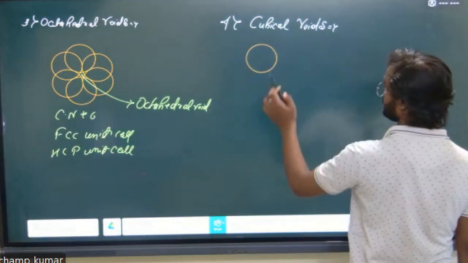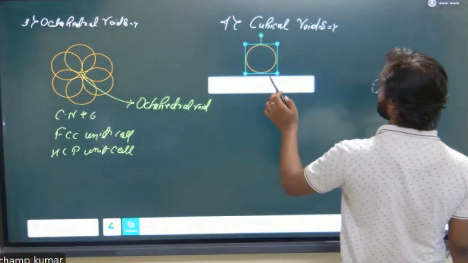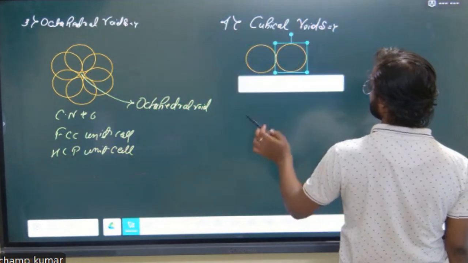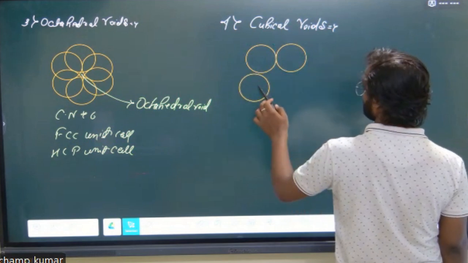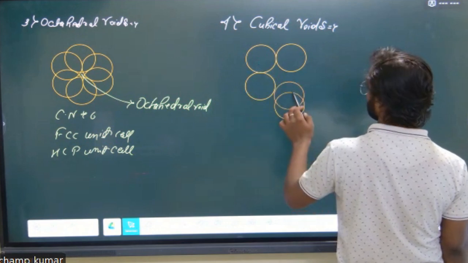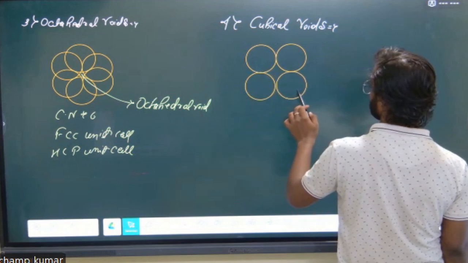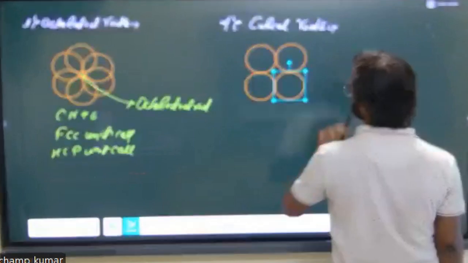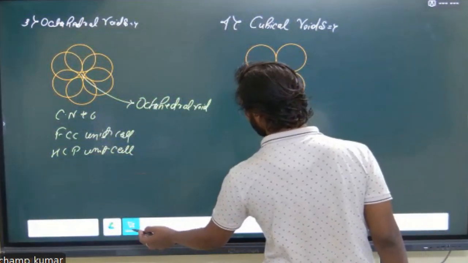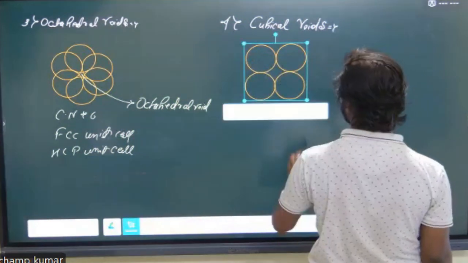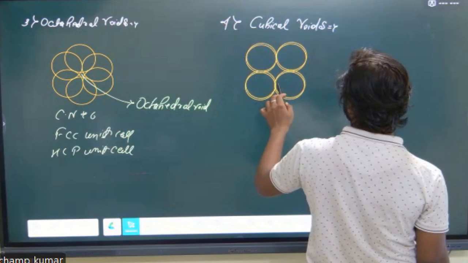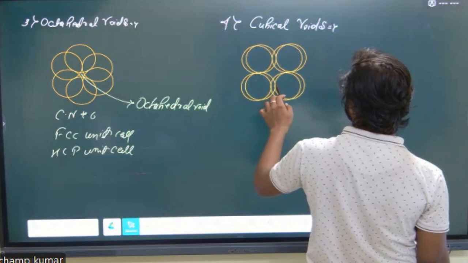Suppose this is one atom, this is another atom, this is another atom, and we have another one. So this is four atoms in one plane. Now we will take this atom and place it over this atom again, like this.